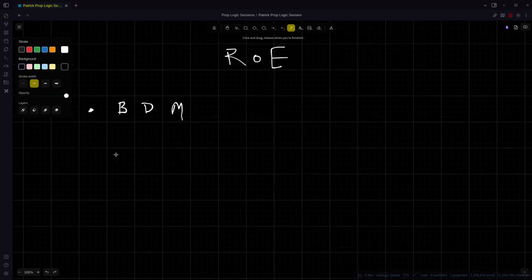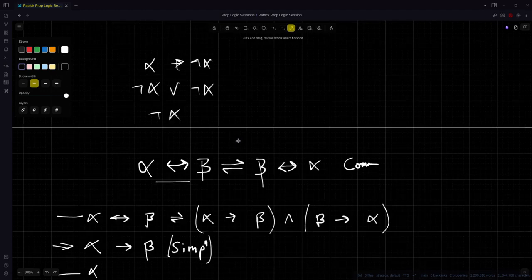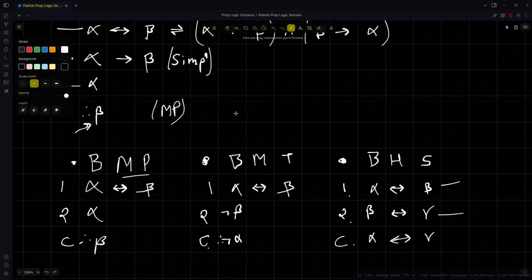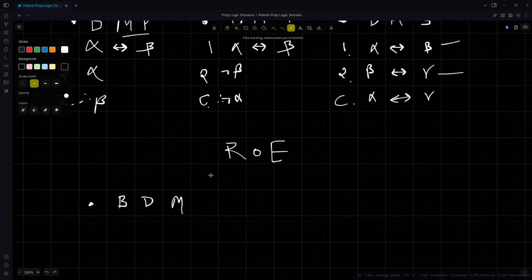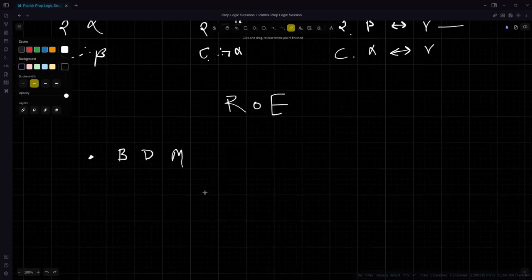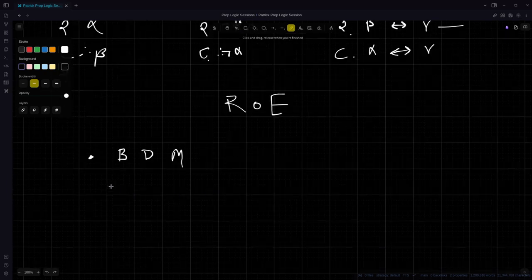The last 3 which we did were rules of inference, so I'll just mention that here. Rules of inference, and then we have rules of equivalence. I'm writing in short because it's a pain to write with a mouse. Because your pen's not working, right? Yeah, I've got to figure that out.